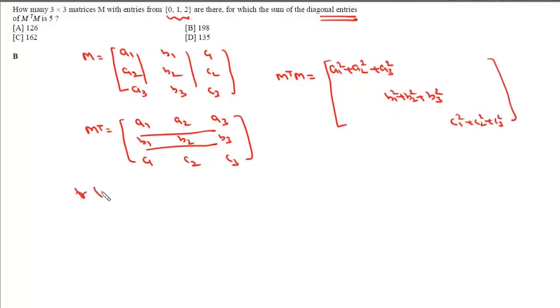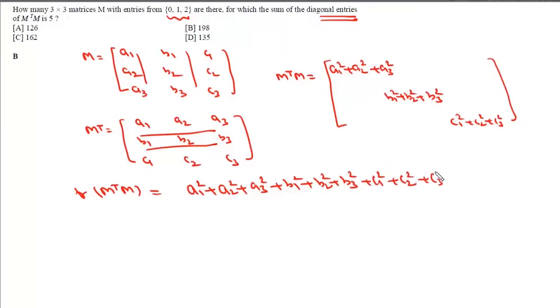Now the trace of M transpose into M will be nothing but A1 square plus A2 square plus A3 square plus B1 square plus B2 square plus B3 square plus C1 square plus C2 square plus C3 square, and it must be equal to 5. Now A, B, C can only take the values 0, 1 and 2.